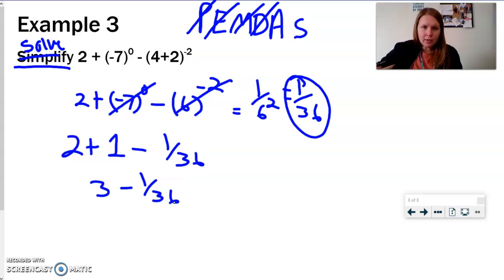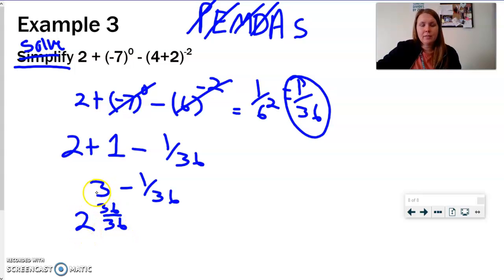Now, the value of 3 is 3 whole values. So if I really wanted to, I could turn this into an improper fraction. But I also know that 3 is the same as 2 and 36/36, because 36/36 is 1 whole, and here's my other 2 wholes.